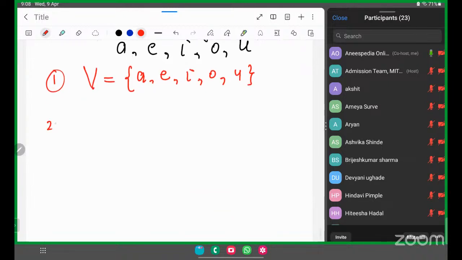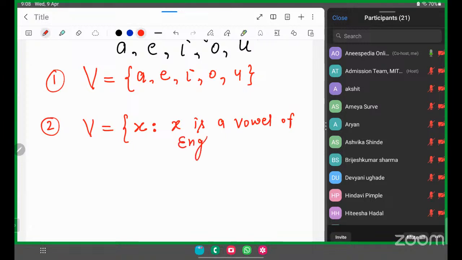Or in the second method, we will not write down the individual letters. We can just tell about the common property they have. All these letters have the common property that they are vowels. So we can write it as: set V contains an arbitrary element X such that X is a vowel of the English alphabet.